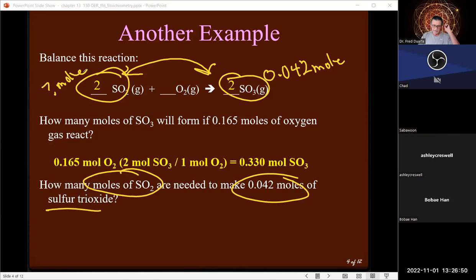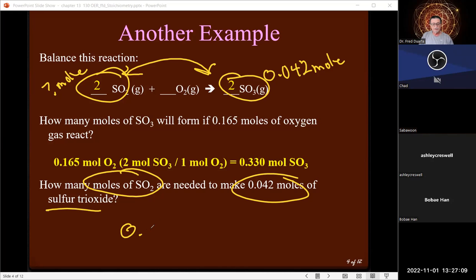Okay, and look at my relationship. It's a 2-to-2 mole ratio, which is a 1-to-1, right? So right off the bat, without showing any work, I can see that I'm going to need the same amount of sulfur dioxide.